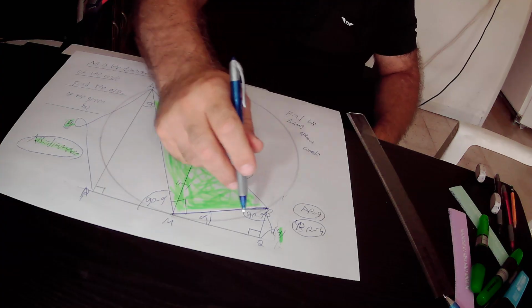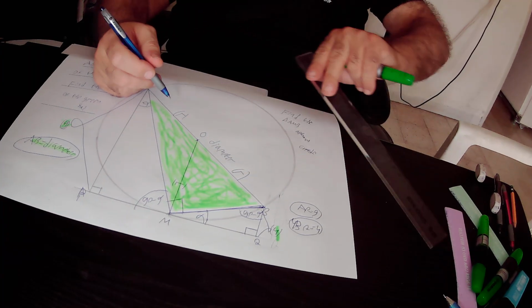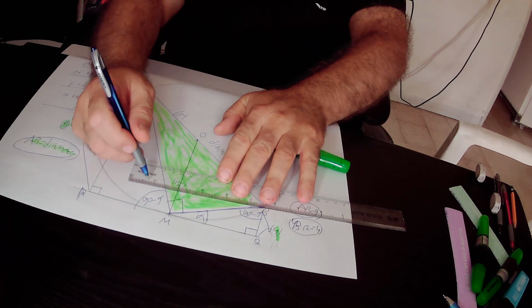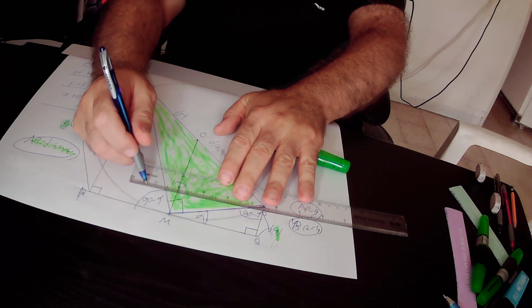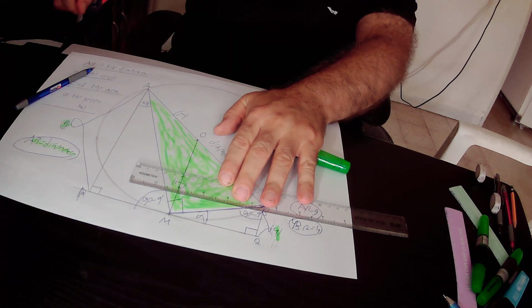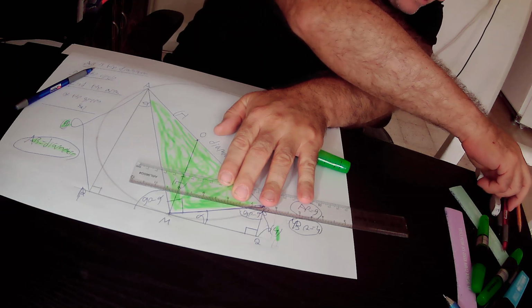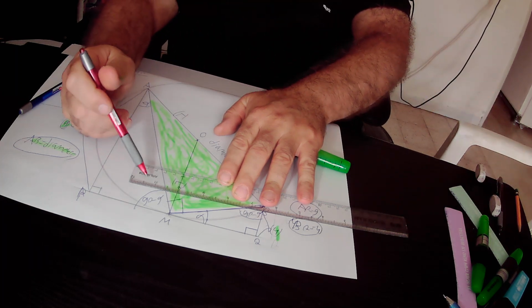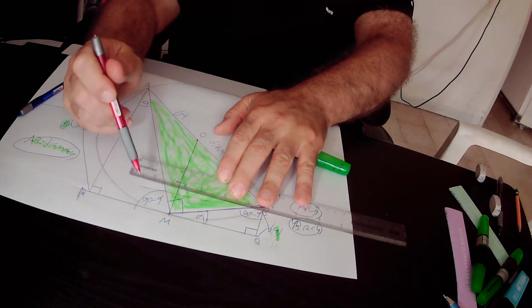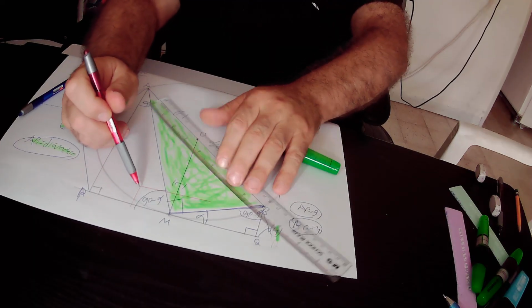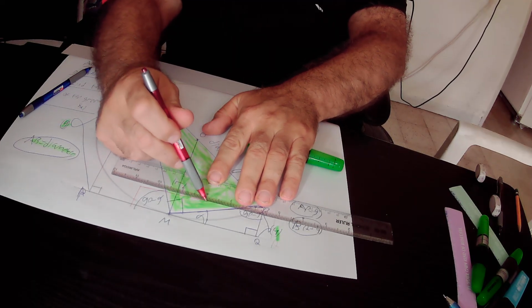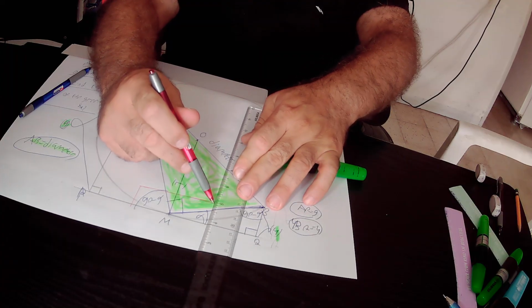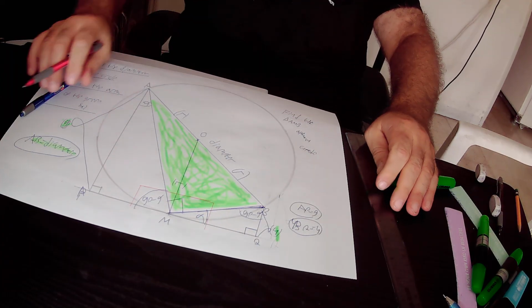If PQ is perpendicular to MO, it means that this angle equals 90 degrees. And this angle also equals 90 degrees in its size according to rule 1, of course.